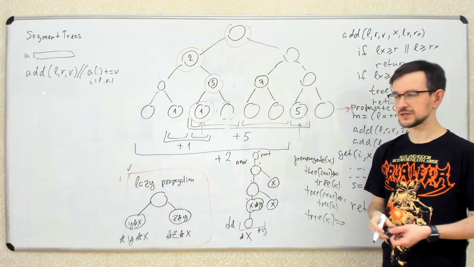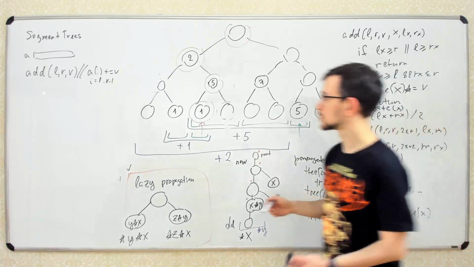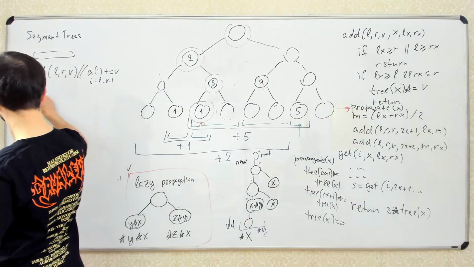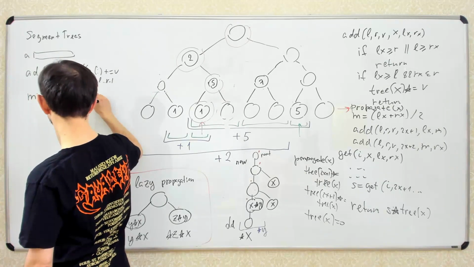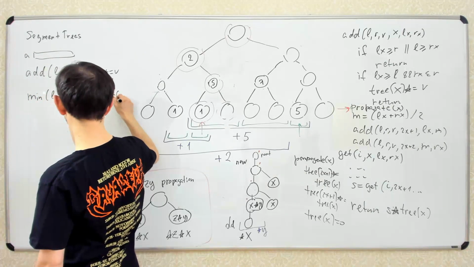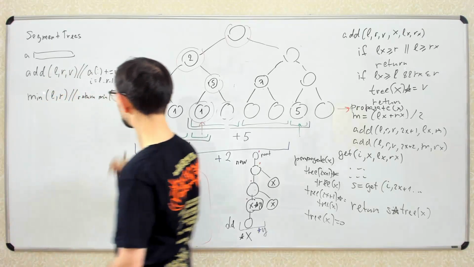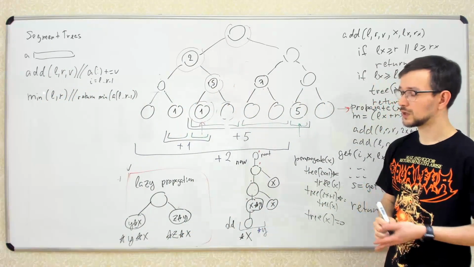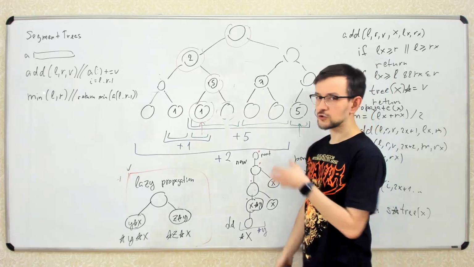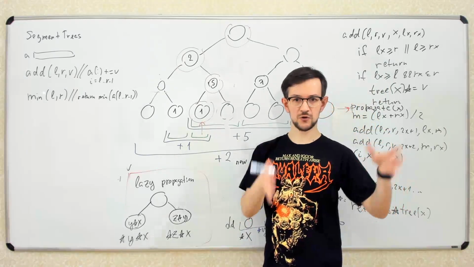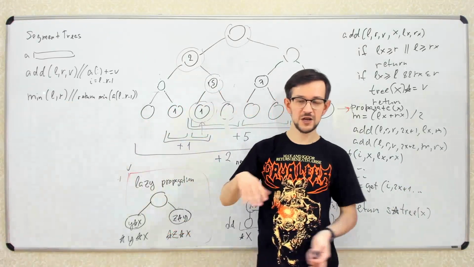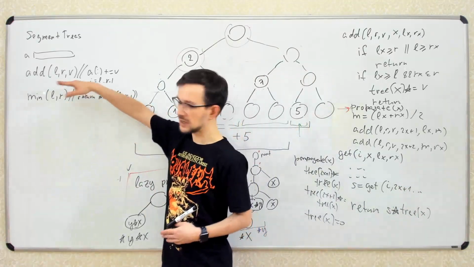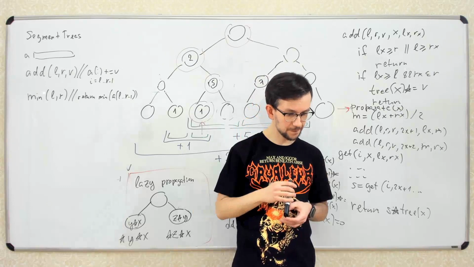And the second operation, let's say we calculate the minimum on the segment from L to R. So we'll try to merge the technique from the previous lecture, when we calculated the minimum, and the technique from this lecture, when we add a value to the segment.